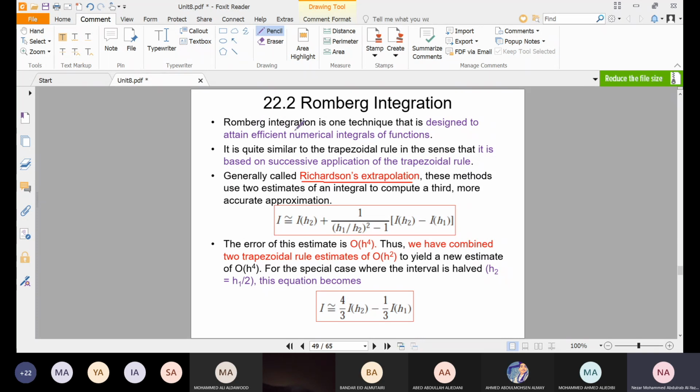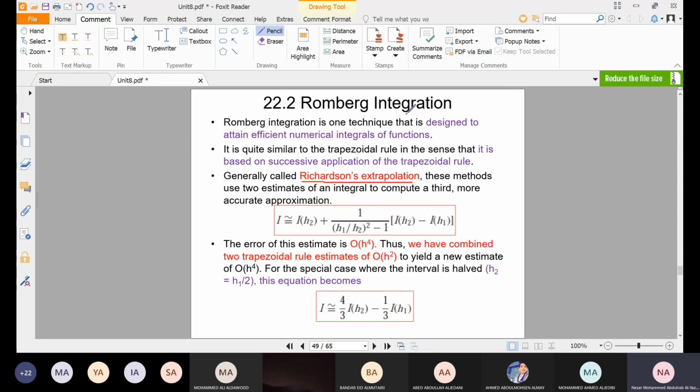So Romberg integration is one technique designed to enhance the accuracy. It's quite similar to the trapezoid rule in the sense that, as we used before, if you talk about Richardson extrapolation, in the first column we use central divided difference, and we apply Richardson extrapolation from the second column to the end.